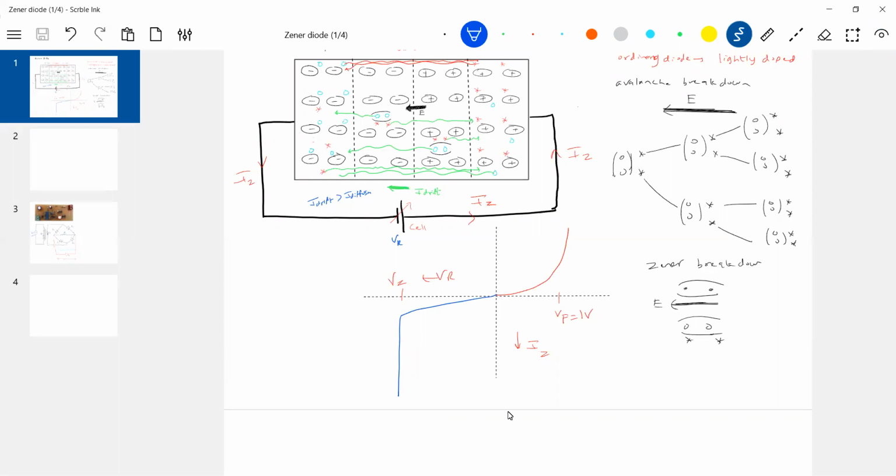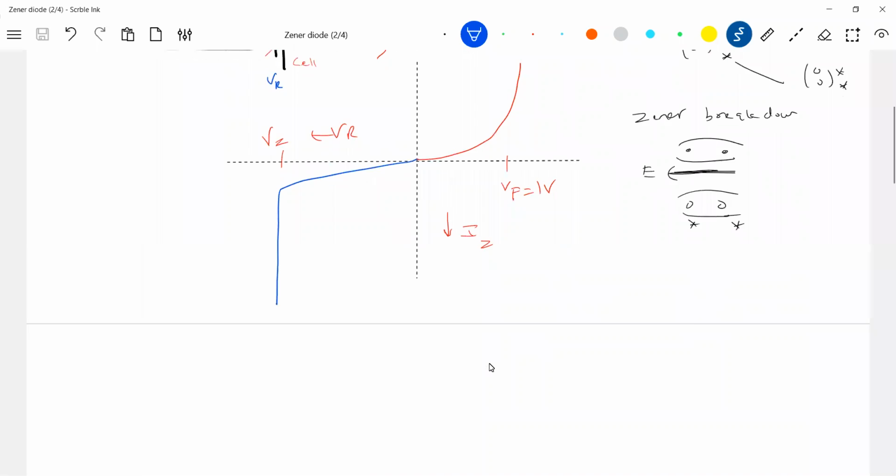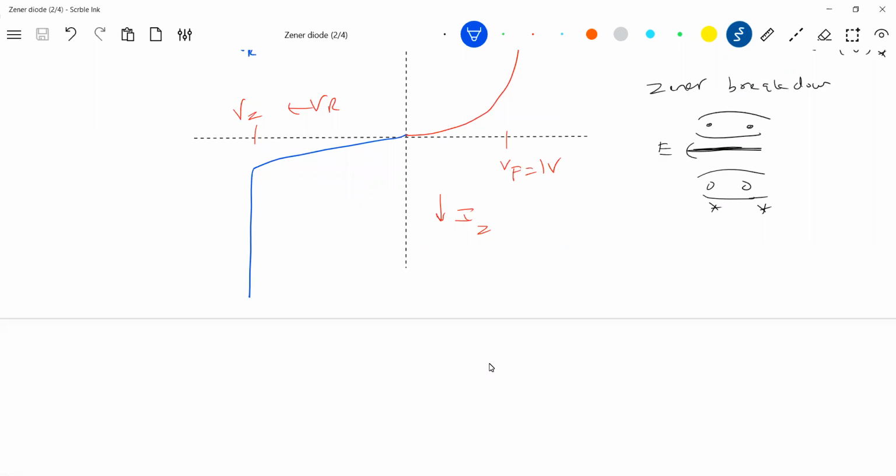I'll magnify only the curve, because that is the major part of the discussion here. For a small change in voltage, the curve changes a little bit. Some slope will come.